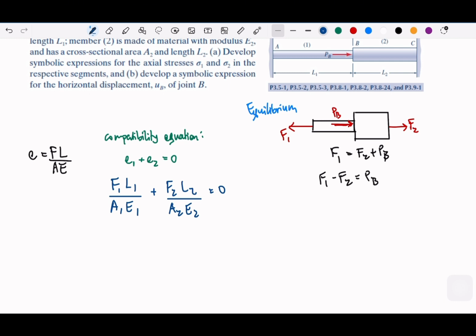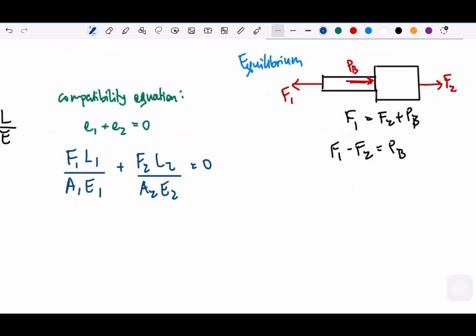Now we can basically solve it, and we can substitute the F1 or F2, and then we can get from the PB connections the F1 or F2 within this part. So let's say we substitute the F1, so F1 is substituted to be F2 plus PB.